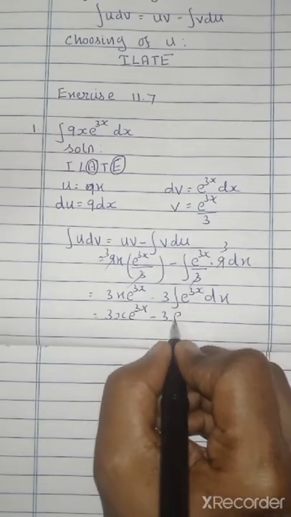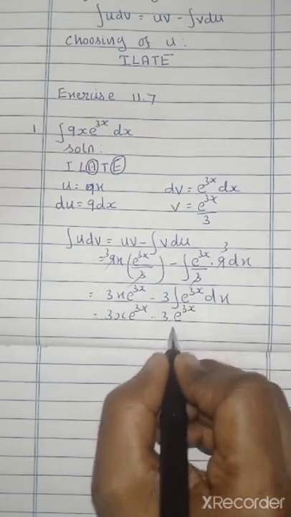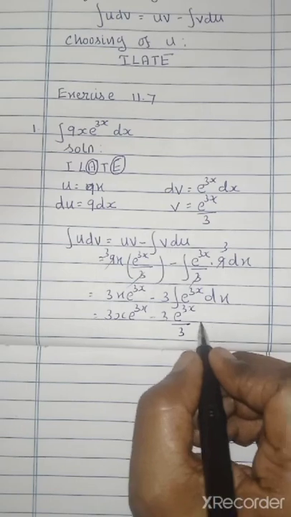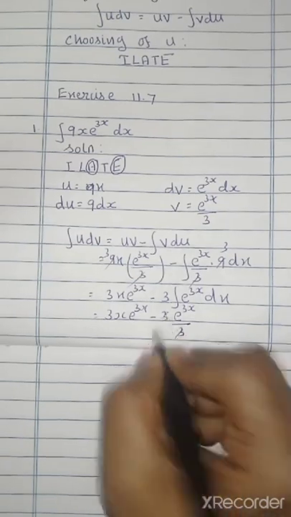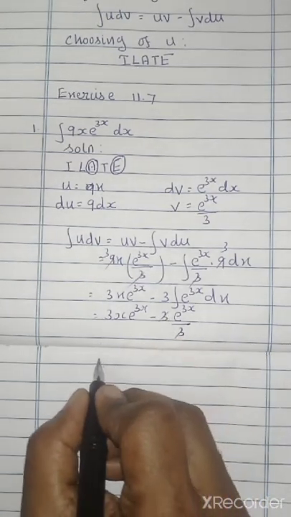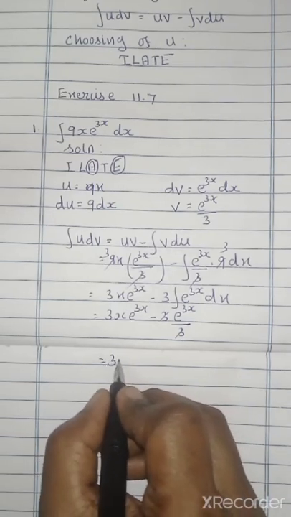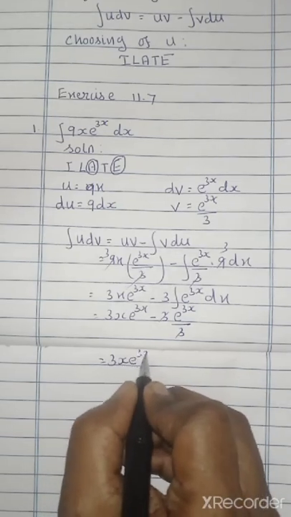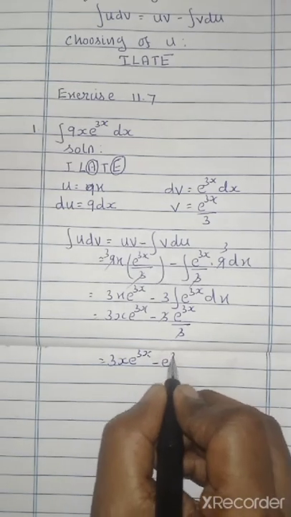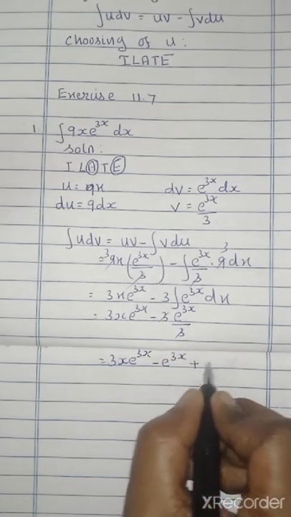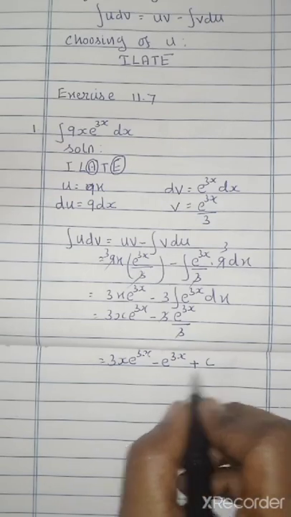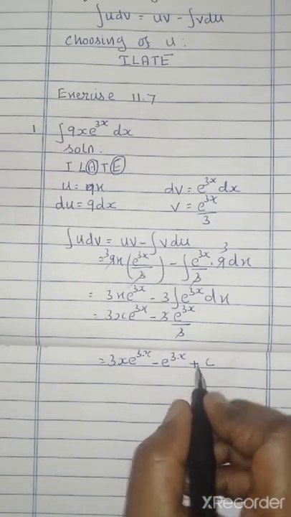Integration of e power 3x is e power 3x, and the x coefficient will come in the denominator. So the 3 cancels. Your final answer will be 3x e power 3x minus e power 3x plus c. Always you have to add the constant. This is your final answer.